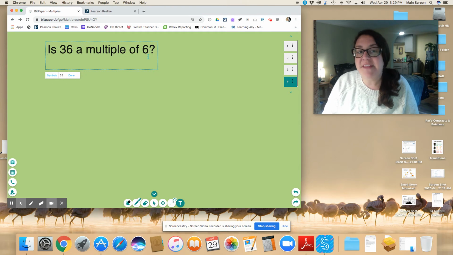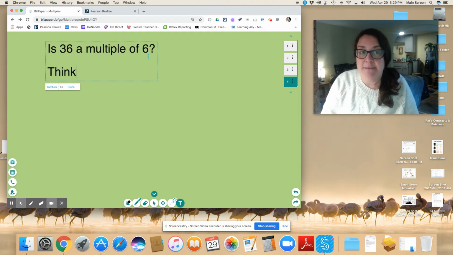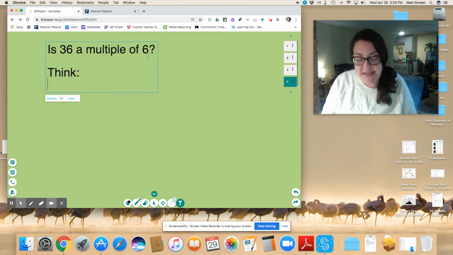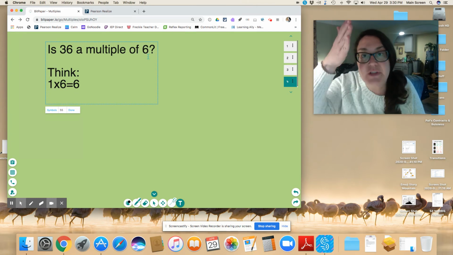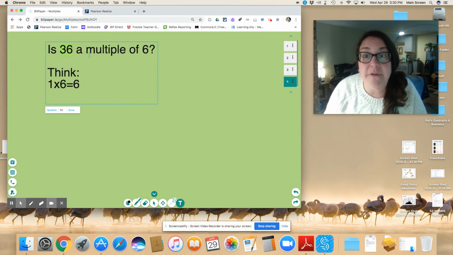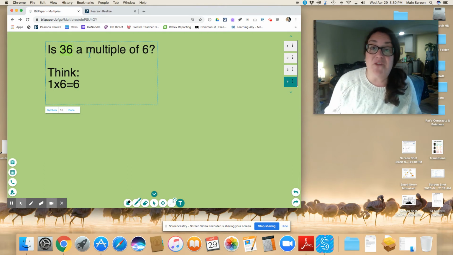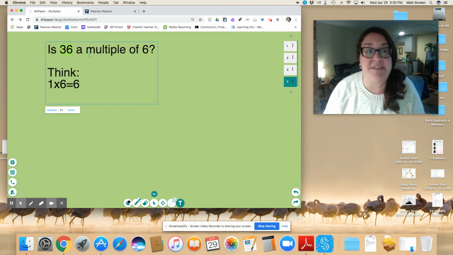You would have to think about your math facts, your 6 math facts. So you would say 1 times 6 equals 6. So just go down in your multiplication chart, just look down the 6th row and see if 36 is in that row. If it is, then you have a multiple of 6. If it's not, then it's not a multiple of 6.